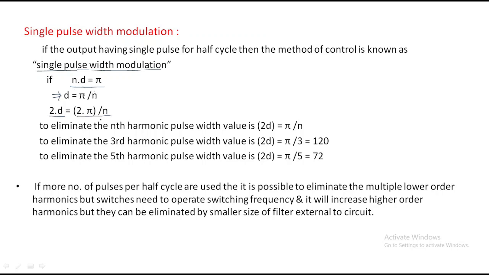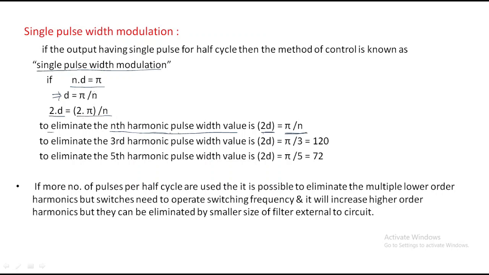to remove the harmonics. Look here. To eliminate the nth harmonic, the pulse width value we have to consider is 2d equal to 5 by n. To remove the third harmonic, 5 by 3. For the fifth harmonic, 5 by 5, like that.